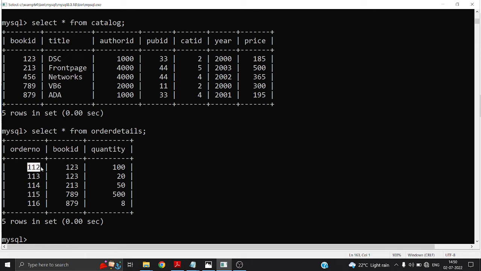How many textbooks were ordered? The total quantity is 100 textbook copies. In the second order, for the same textbook 123, the customer has placed an order again, its order number is 113, and its quantity is 20. Like that, for the remaining textbooks the orders have been placed, like 50, 508.